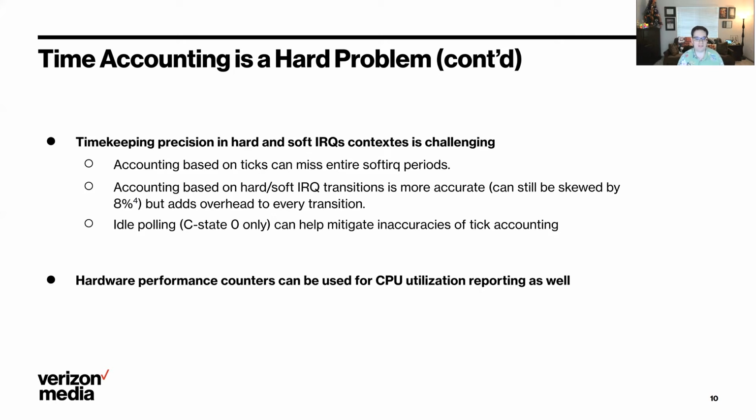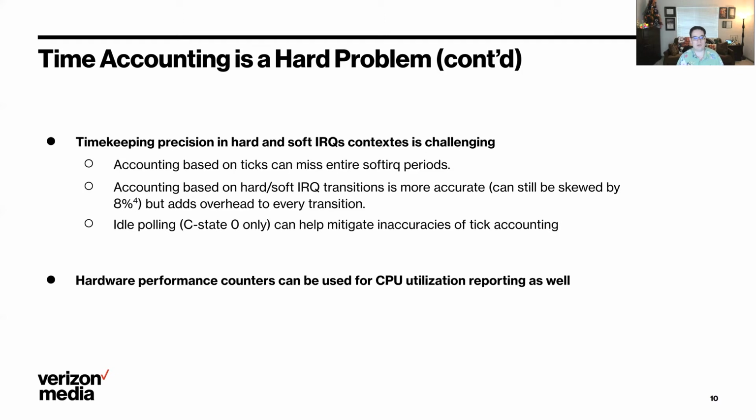Certain counting methods can miss entire softIRQ periods. Other methods that track transitions can add overhead, which reduces skew but still has skew. Also, the C-states that allow for processors to sleep cause some of those inaccuracies, so turning on idle polling can help to mitigate those.